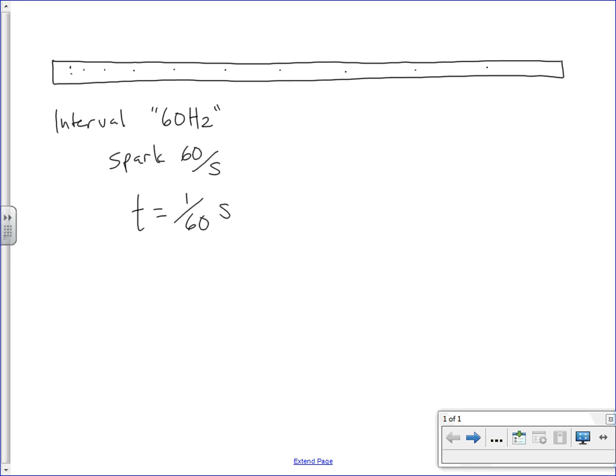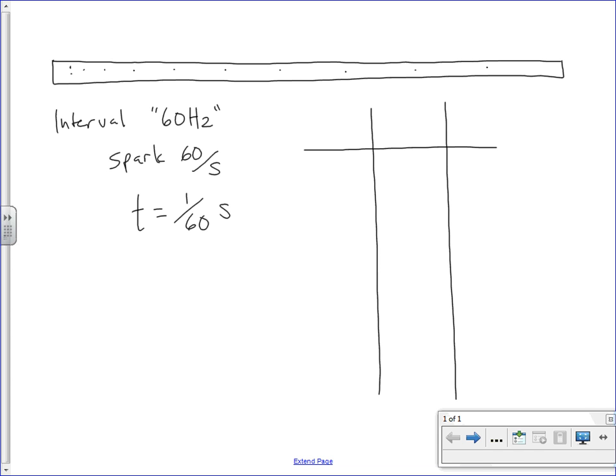All right, so what you're going to end up with is a data table that looks something like this. You need to figure out during each interval, like here's interval 1, here's interval 2, here's interval 3, here's interval 4, and so on and so on, how fast, on average, the object was going.